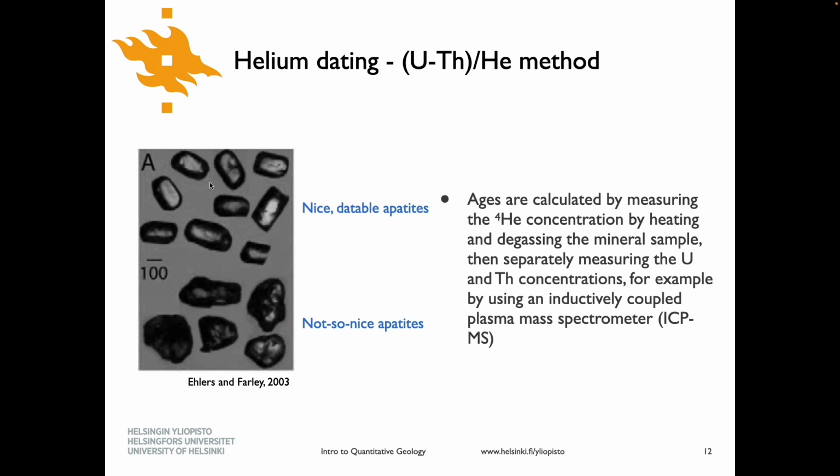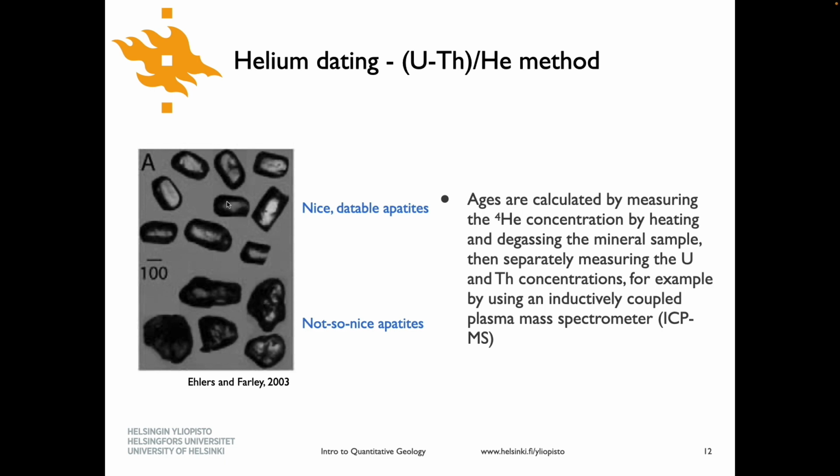You want them to be fairly crystal-like in their form, so prismatic shapes, relatively clear so that you can see through them, and not these rounded and beat up looking ugly apatites.